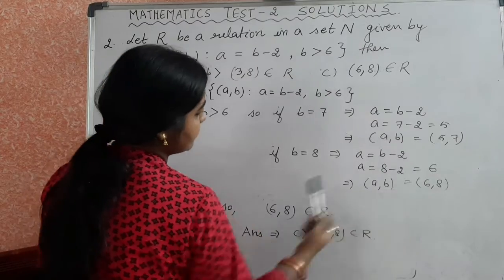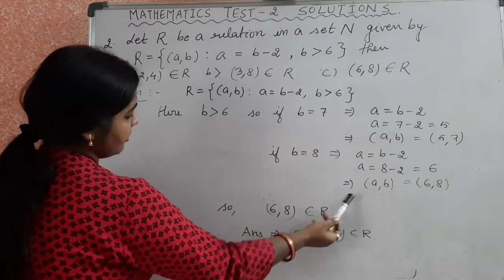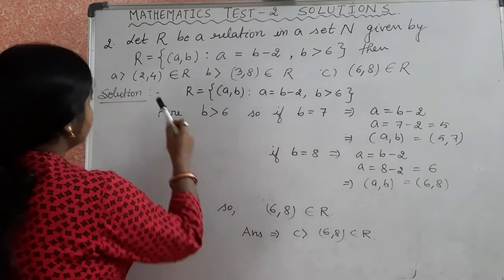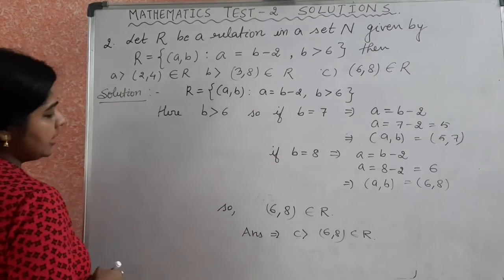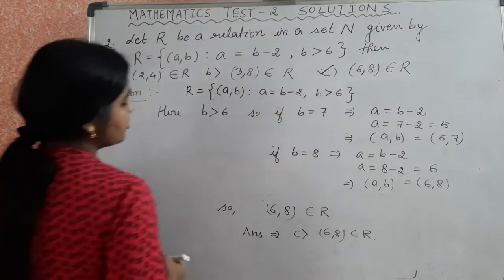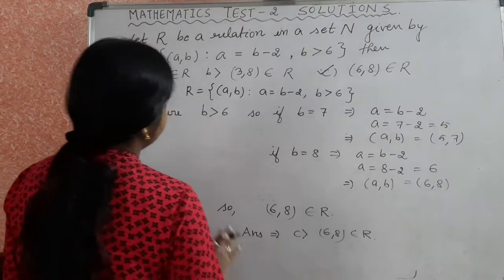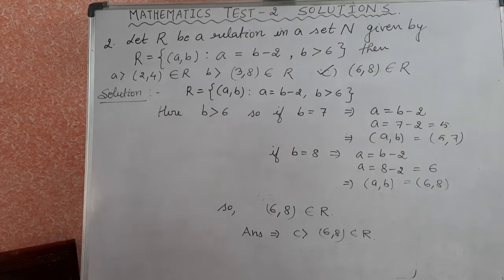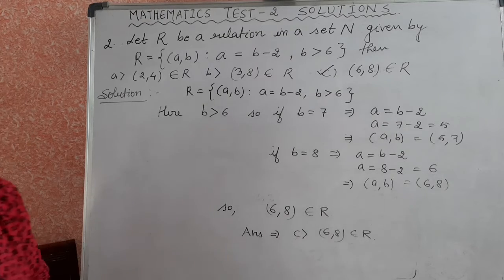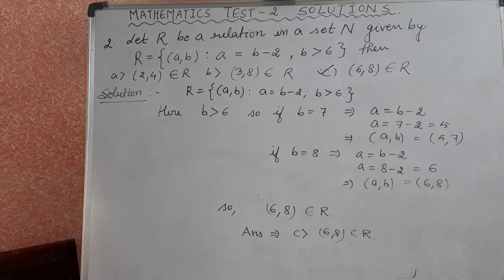So (a, b) = (6, 8). So finally we are getting (6, 8), and we can see option C. So C is our final answer. (6, 8) belongs to R. So this is the way to find elements of any relation.